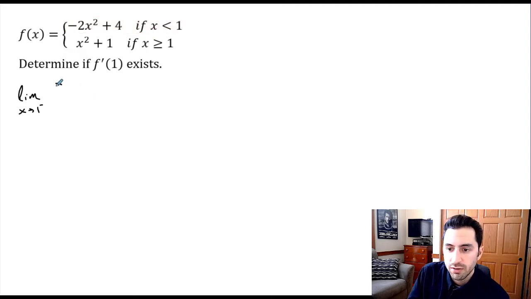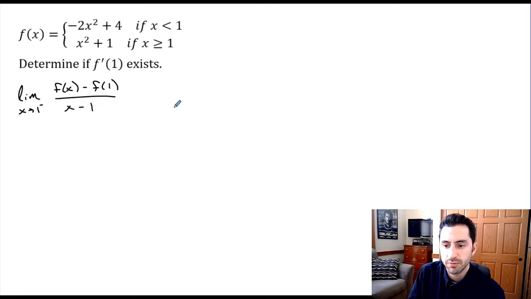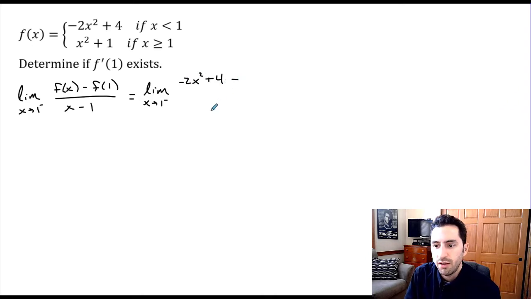So then the way we can find our derivative, f of x minus f of c, which in this case is 1, and this is over x minus c, which is 1. So if we plug in what we have, we've got the limit as x approaches 1 from the left, that top function, negative 2x squared plus 4, and then we're going to subtract f of 1.